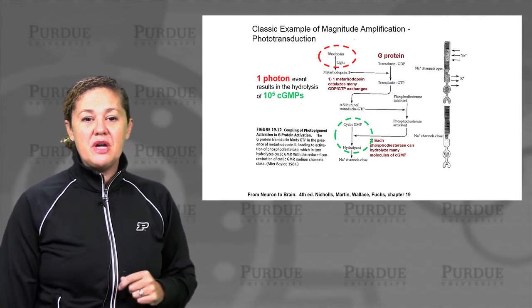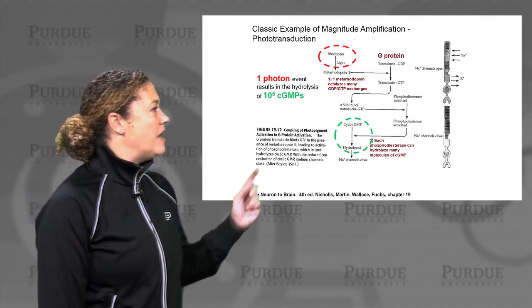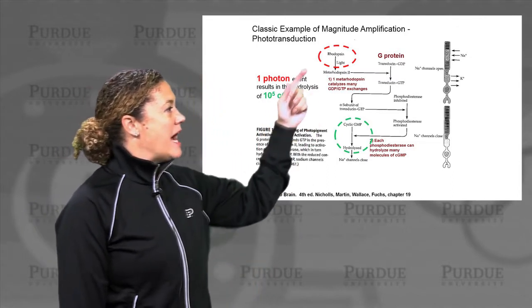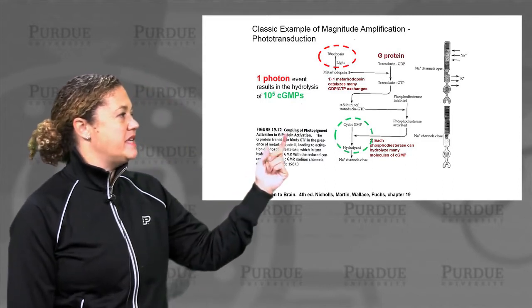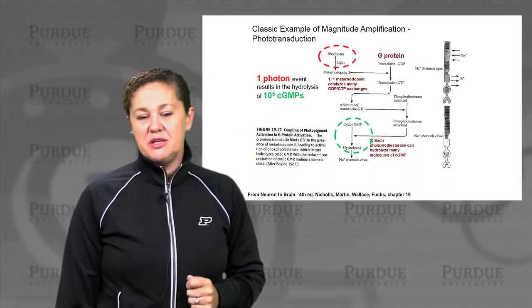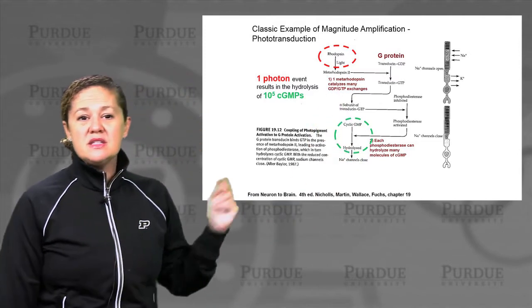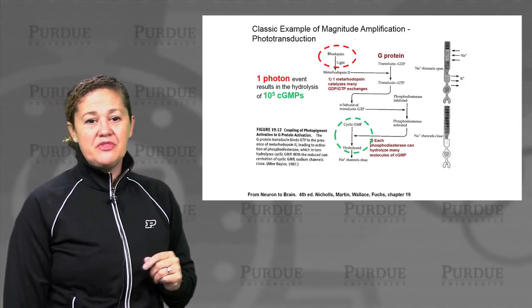If you remember from our case study of the photoreceptor, we talked about one photon absorbing event in rhodopsin being translated into the hydrolysis of 10 to the 5 cyclic GMPs in this signaling cascade. So this is one of the classic examples of magnitude amplification here.